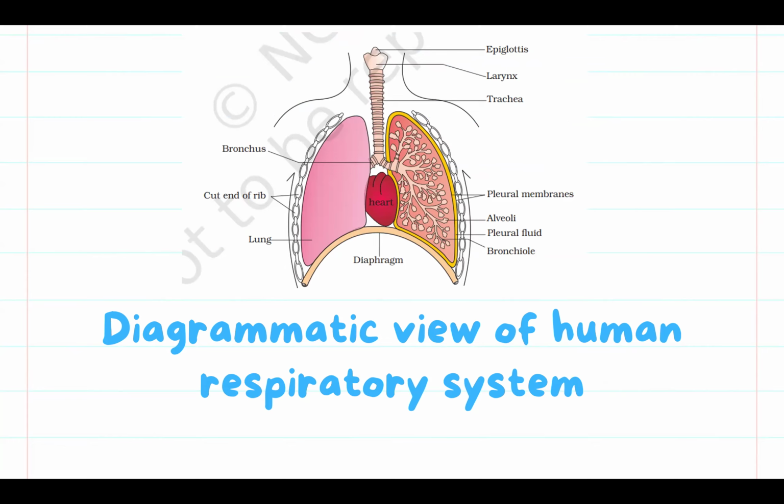At the fifth thoracic vertebra, the trachea divides into bronchi. These divide into primary and secondary bronchi, which are further divided into terminal bronchioles that end at the alveoli. We can also see the yellow fluid, which is pleural fluid that reduces friction, and at the end we have the cut ends of the ribs and the diaphragm. Next.